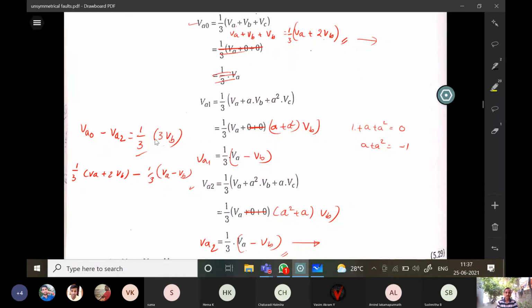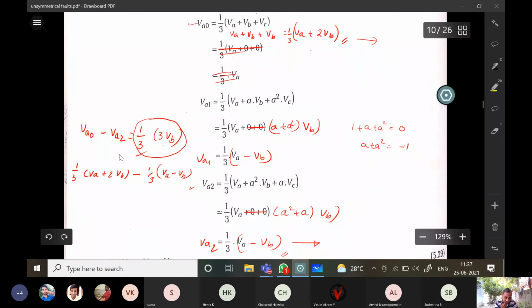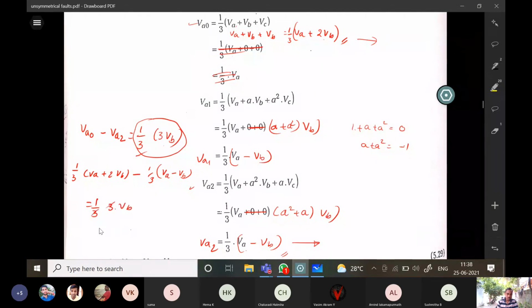We simplify this, we will get 1 by 3 times of 3VB. Is it clear? So we can write it as 1 by 3 times of 3 into VB. The 3 gets cancelled. So this becomes VA0 minus VA2 is equal to VB.